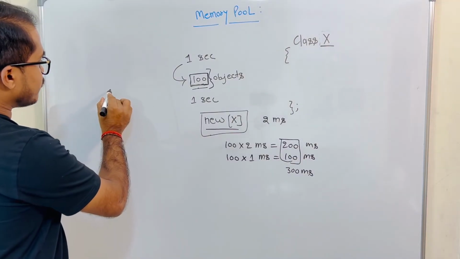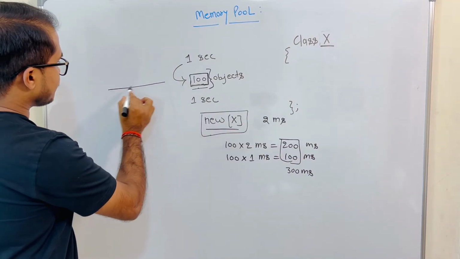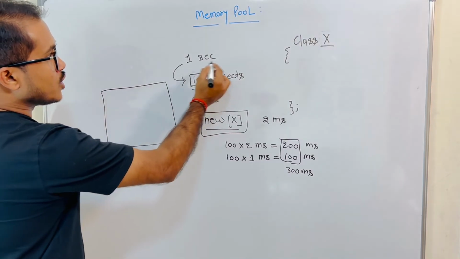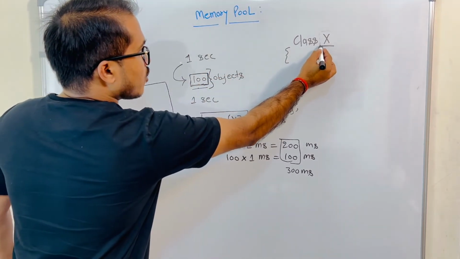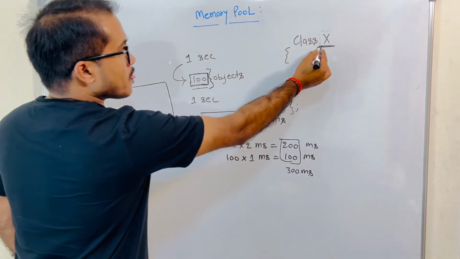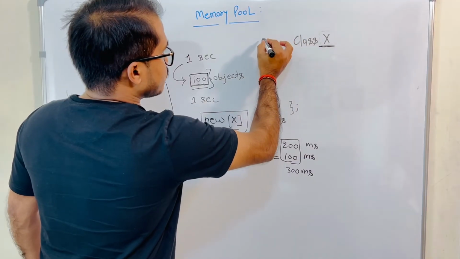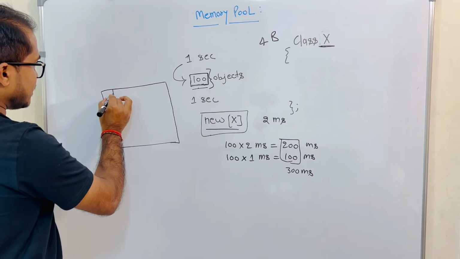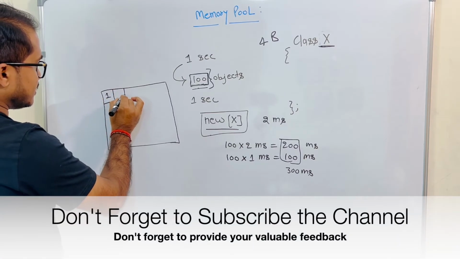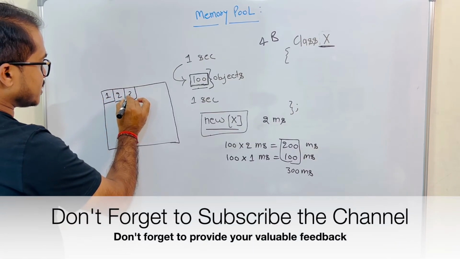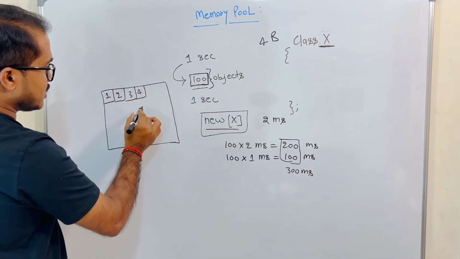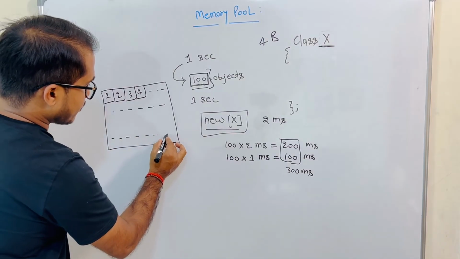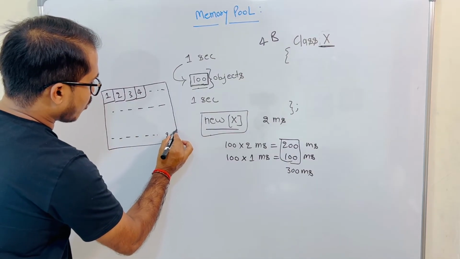Let's say the total size of class X is 4 bytes. Then I'll create memory for the first object here, second object here, third object here, fourth object here, and likewise memory for 200 objects.